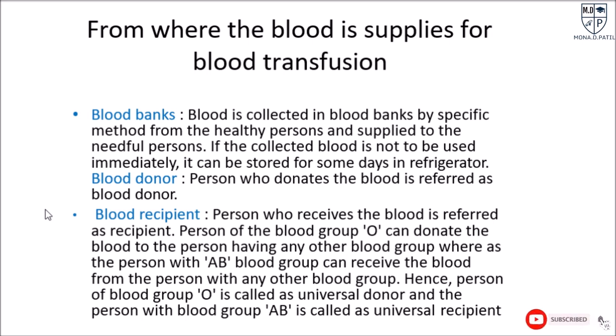Those having blood group O can give blood to a person of any blood group. So such a person is called a universal donor, as they can donate their blood to anyone. But an AB group person can only receive from all blood groups, but cannot give. So they are called the universal recipient.